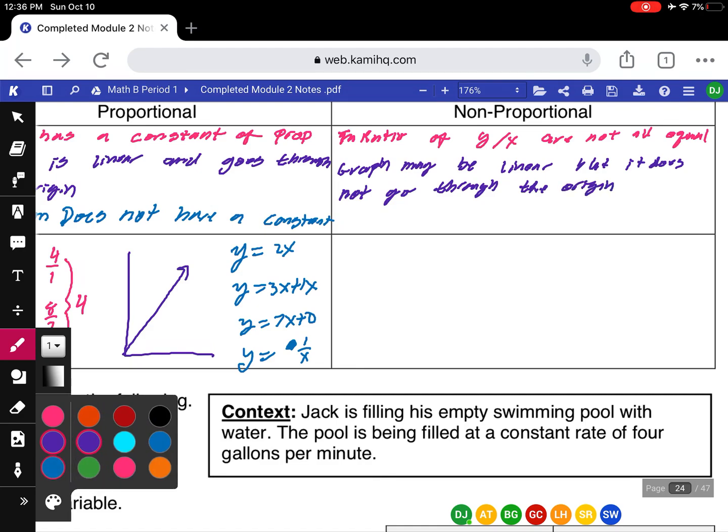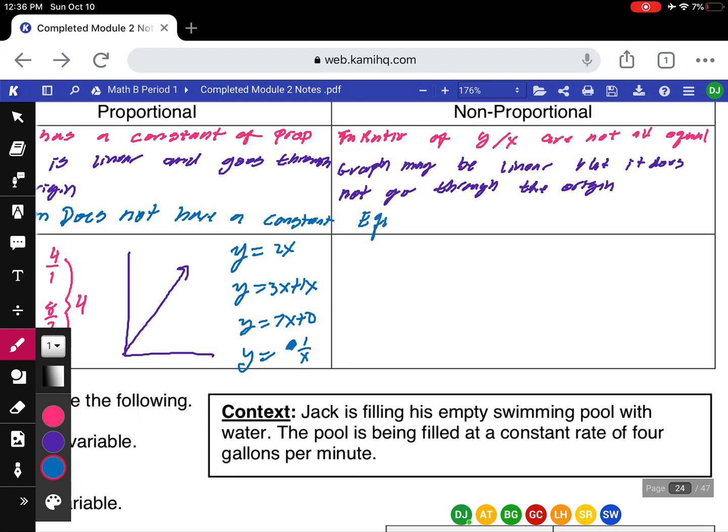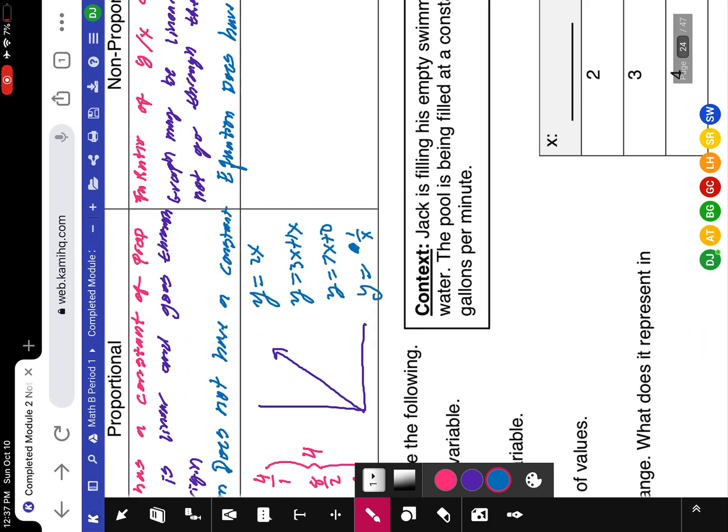And the final one is the equation does have a constant. That just means we're adding or subtracting a number that does not have a variable.